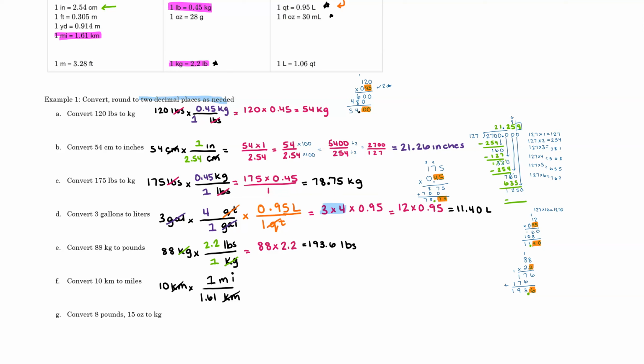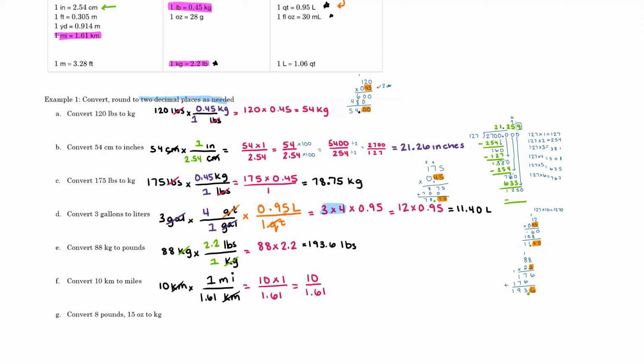Kilometers cancels, but unfortunately we have another division problem, which is okay. So on top I'm doing 10 times 1, which is just 10, and on bottom I have 1.61. So 10 over 1.61.